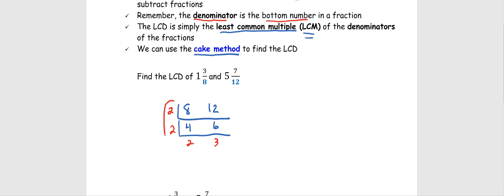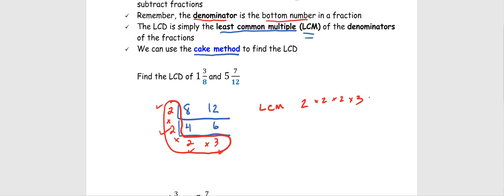What we do from here is we draw a big L around those outside numbers, and remember, we multiply all those numbers together. So my LCM is going to be made up of 2 times 2 times 2 times 3. That's this 2 times the 2 times the 2 times the 3.